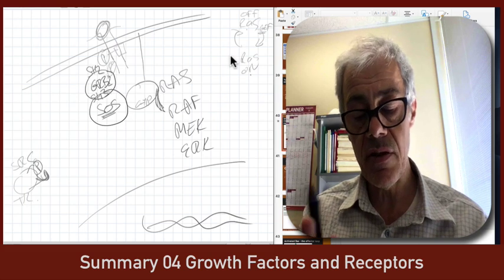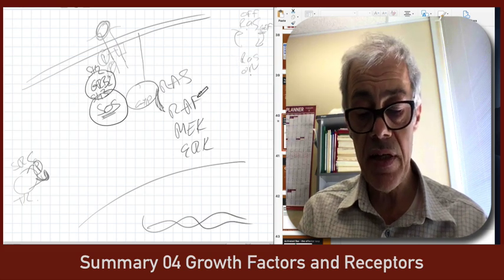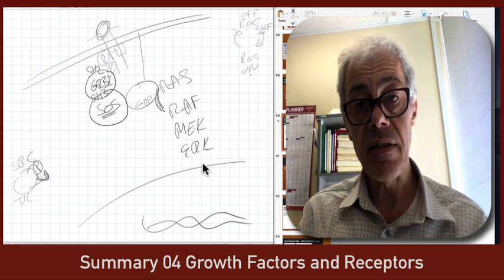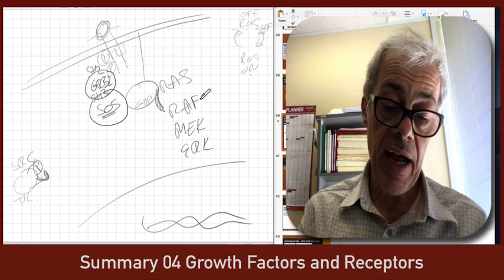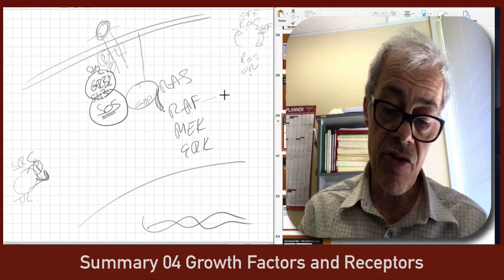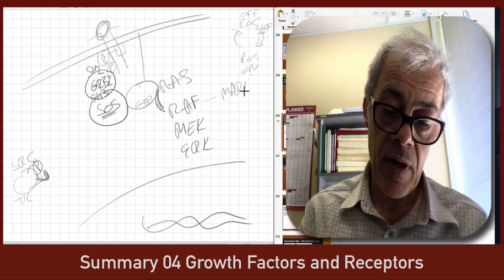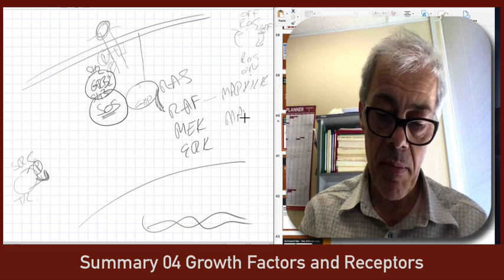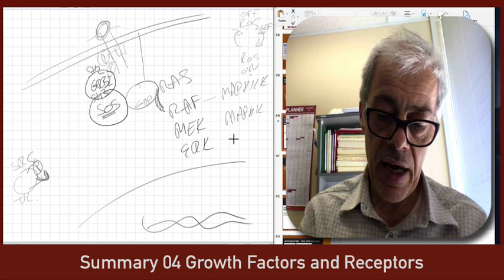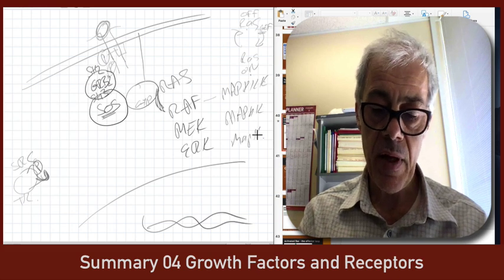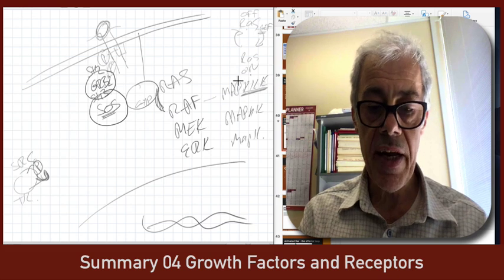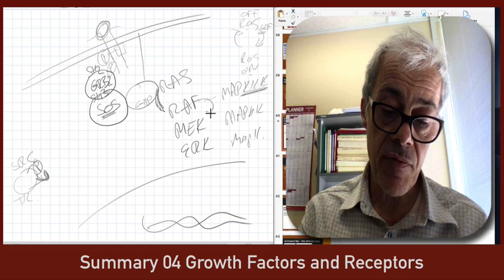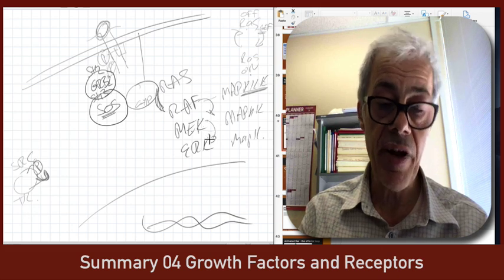Again, you need to go to the lectures to brush up on this, but each of these proteins is a serine threonine kinase. Generically, this is referred to as a MAP KKK, this is a MAP KK, and this is your MAP K. So this is your triple kinase. It just means it's the first player in the pathway that can phosphorylate this, and this can phosphorylate that.